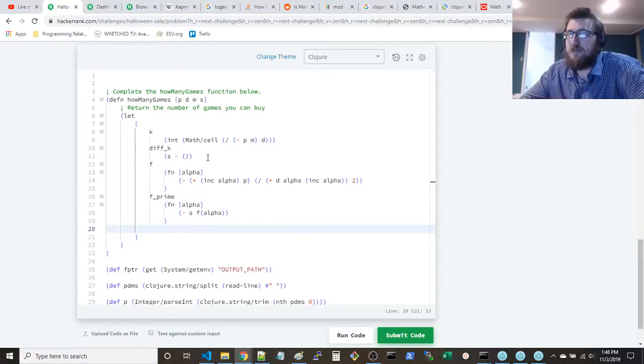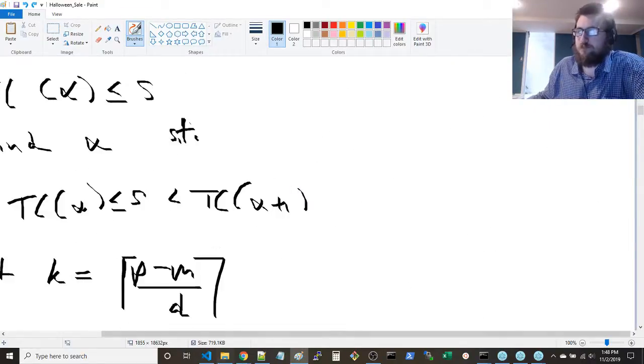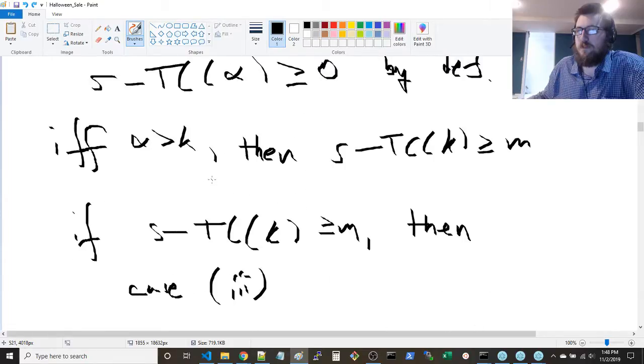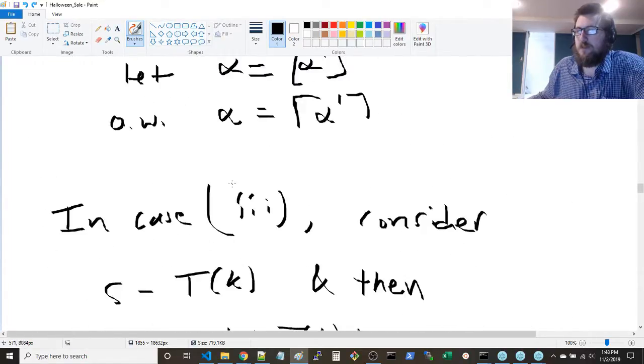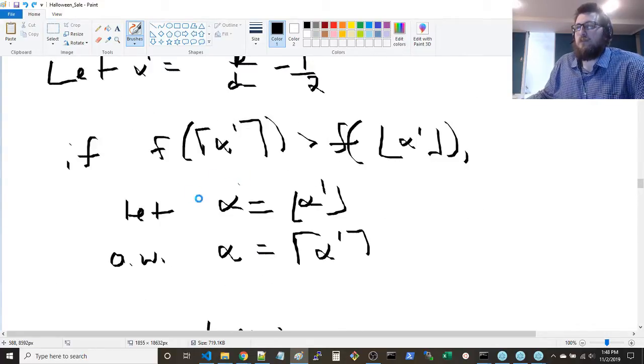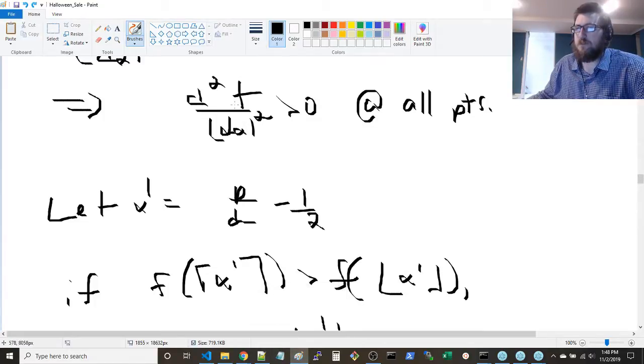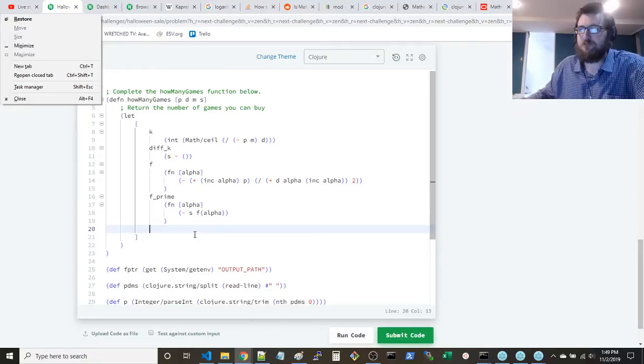And then call this alpha prime, which is P over D minus a half, or alternatively, 2P over D minus D over 2D, that is 2P over 2D minus D over 2D, which gives us 2P minus D. Got it. 2P minus D divided by 2D. Call that alpha prime.